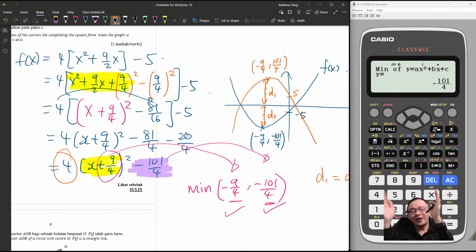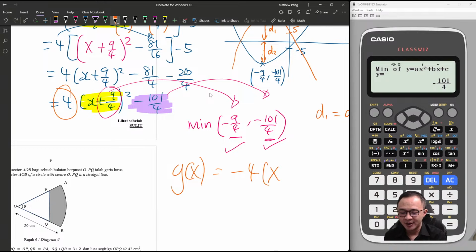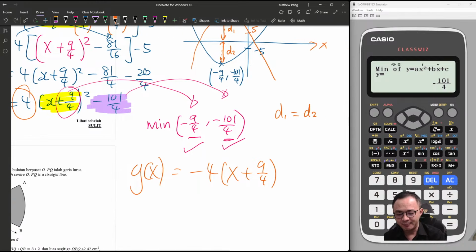If the a value becomes lesser, it will open wider. But the process of reflection on the x-axis doesn't make it open wider or closer. So therefore, the 4 remains the same, just add a negative. So my final equation is -4(x plus 9/4) squared plus 101/4. Done.